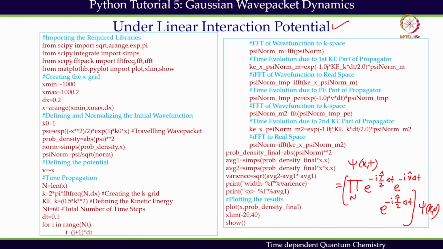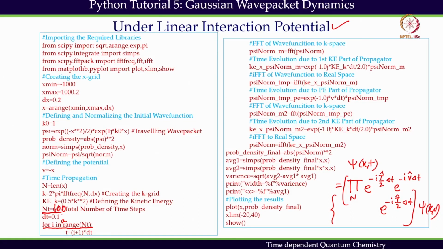So this is what we have to implement, and we know that this product has to be implemented through a for loop, that is exactly here: for i in range(nt). So the range functionality will give me the total number of time steps, which I can consider to be 60 or 100 depending on whatever we want.